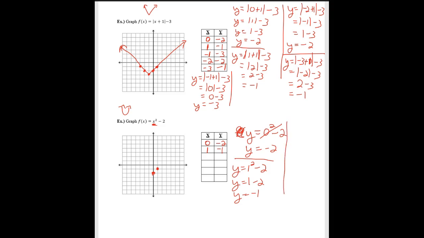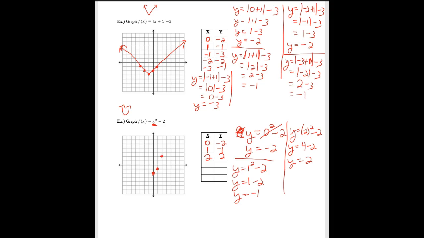I'm going to keep going in the positive direction. Let's do 2 now. So 2 squared minus 2. 2 times 2 is 4. 4 minus 2 is 2. I go +2, up 2.